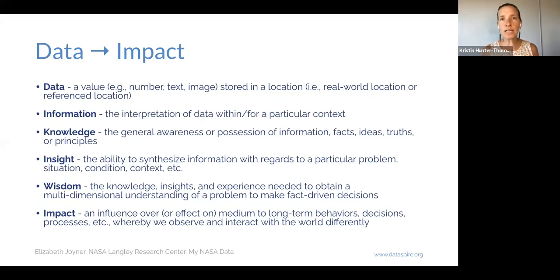As we're working with data, we want to think about how we move from data, the value, number, text, images, values stored in a specific location, and work with it to get to an impact. There's always a purpose of why we're looking at data. An impact is where we have an influence or an effect on long-term behaviors or decisions or processes, even if that long-term impact is on teachers, on students' understanding of content.